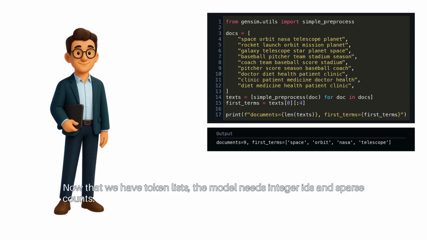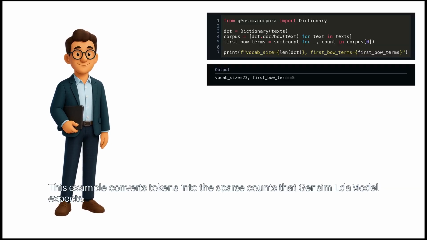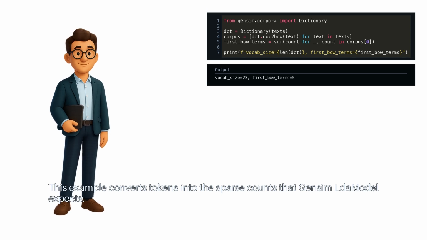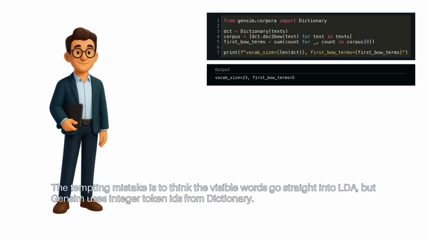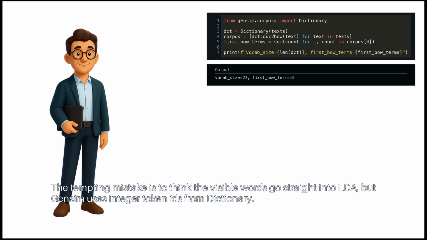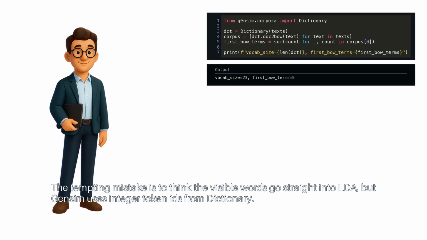Now that we have token lists, the model needs integer IDs and sparse counts. This example converts tokens into the sparse counts that the Gensim LDA model expects. The tempting mistake is to think the visible words go straight into LDA. But Gensim uses integer token IDs from the dictionary.